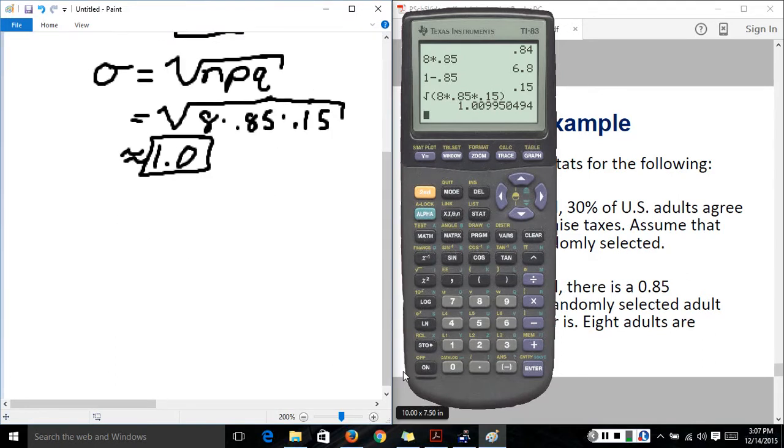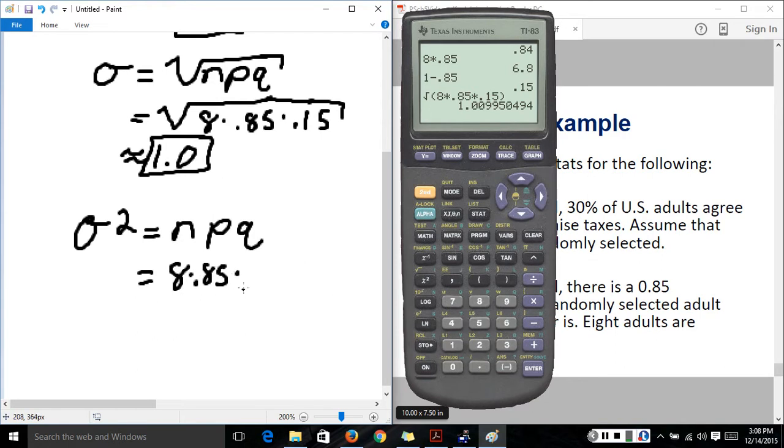One last thing, let's do the variance. That's N times P times Q. So 8 times 0.85 times 0.15.